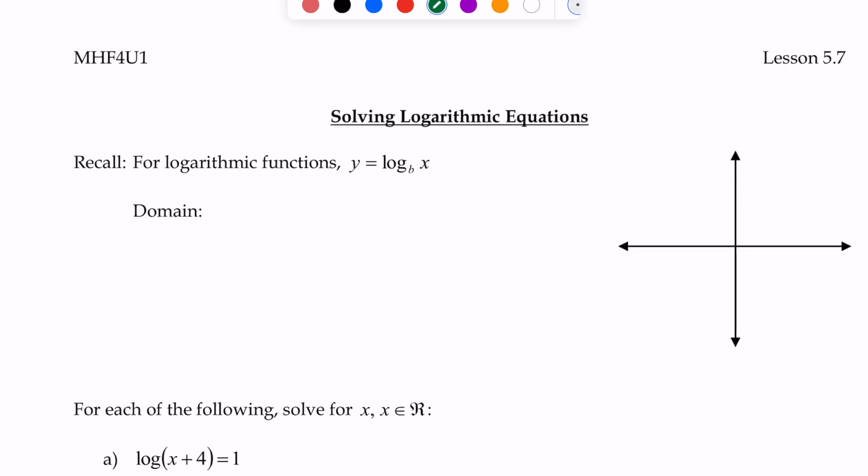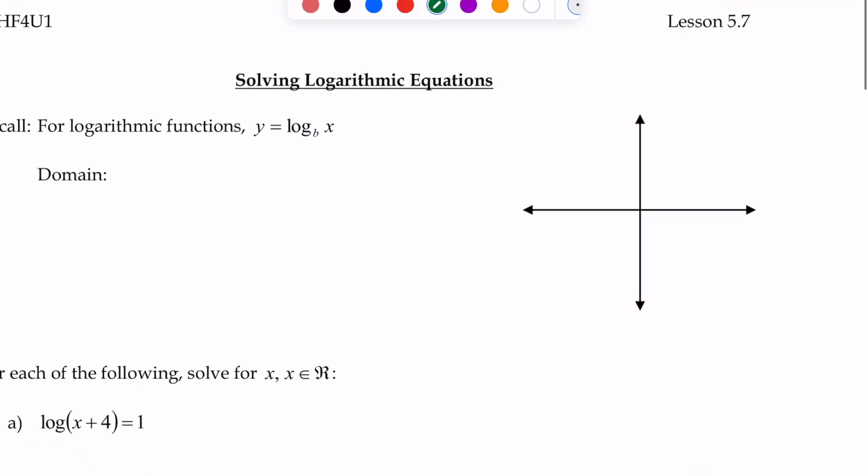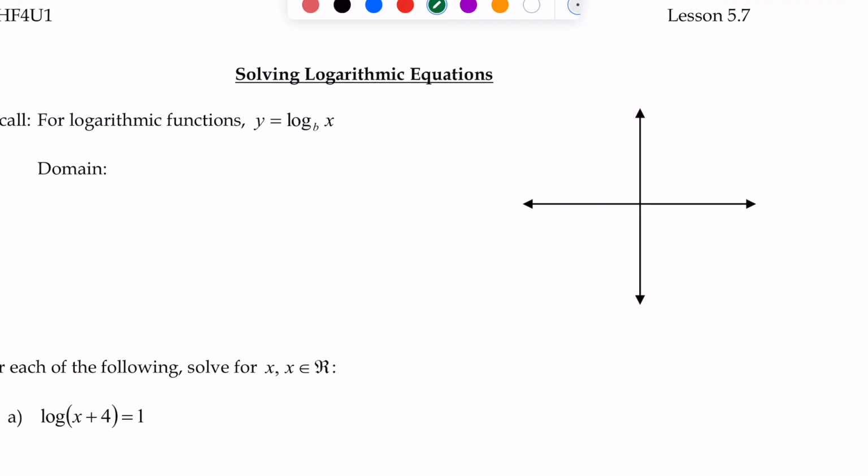Logarithmic equations have an extra step when it comes to solving, and that goes back to the graph. If I was to graph a log function, I would have my function looking something like this, and I start to head straight down at the bottom.